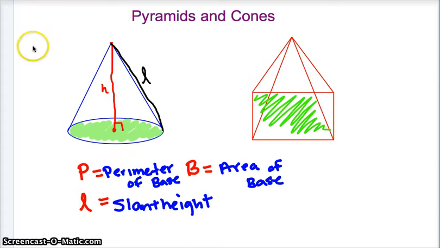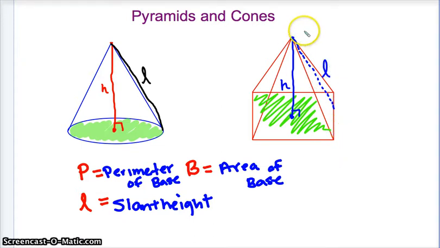And now we're going to take a look at how to find the height. That would be from the vertex directly to the center of the base. There's my height. And my slant height is from the vertex down the side to the edge of the base.